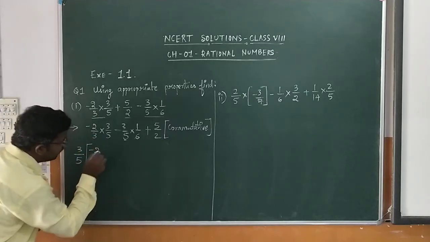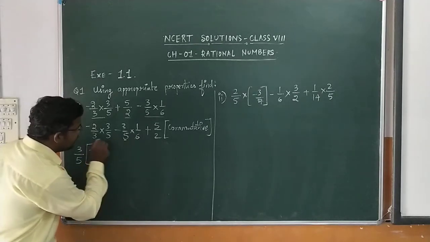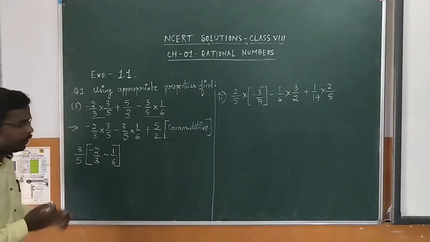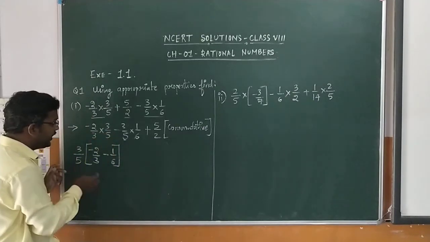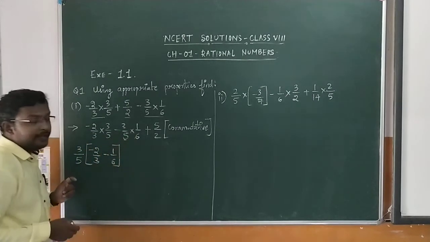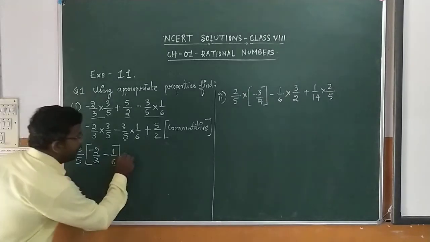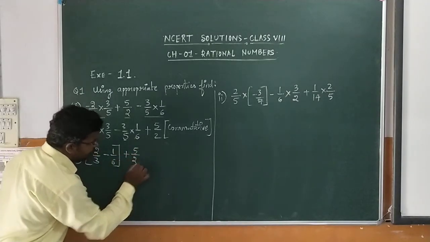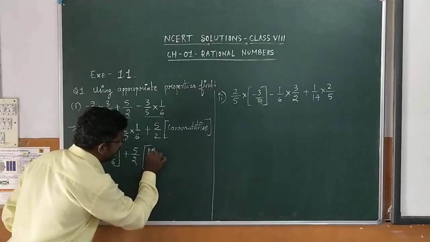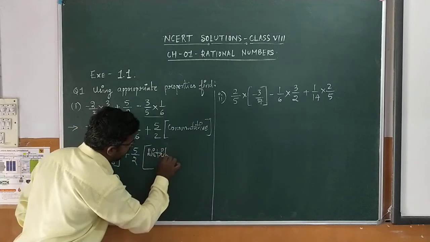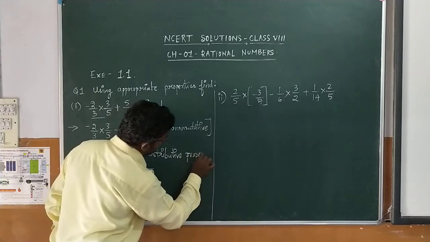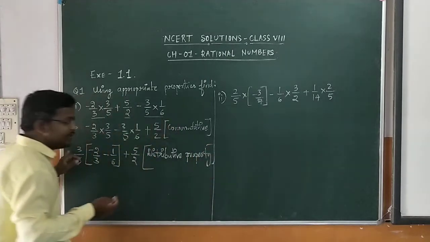Minus 2 by 3 is left, and from this term minus 1 by 6 is left, plus 5 by 2. So we have used the distributive property. Up to here, is it clear?